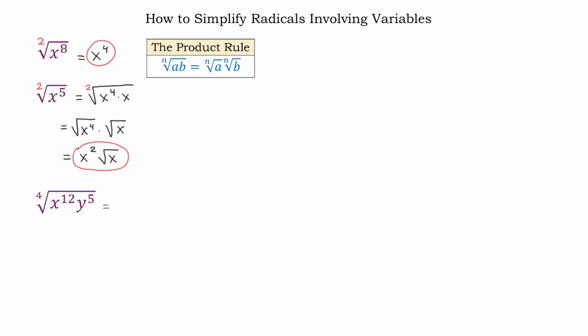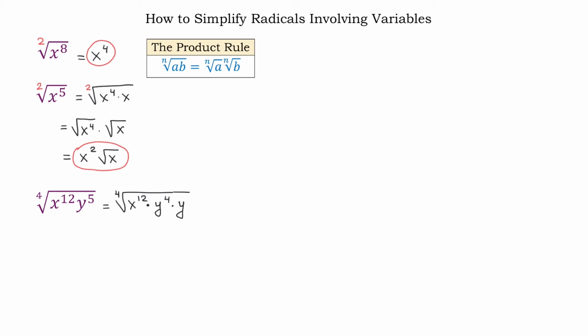So then, in this radical, we will keep x to the 12th power as it is, but we will split y to the 5th power into a product of y to the 4th power times y. And now we have two exponents that are divisible by 4, so we will be able to take the 4th root of x to the 12th and y to the 4th, but this y will remain inside.